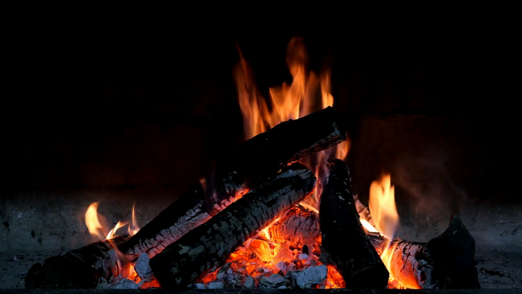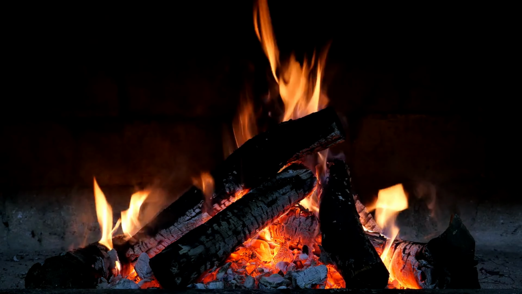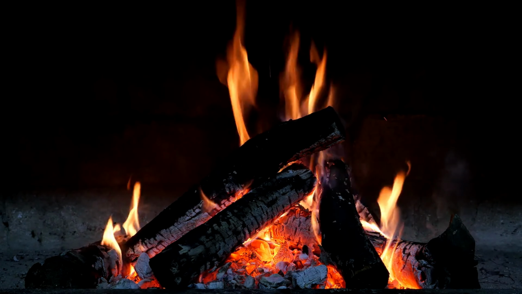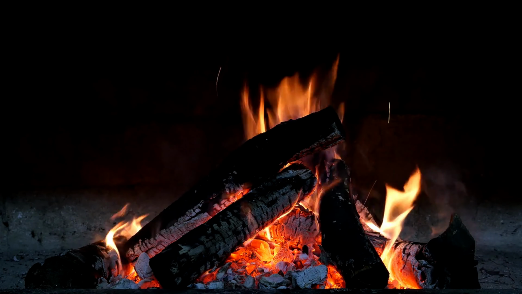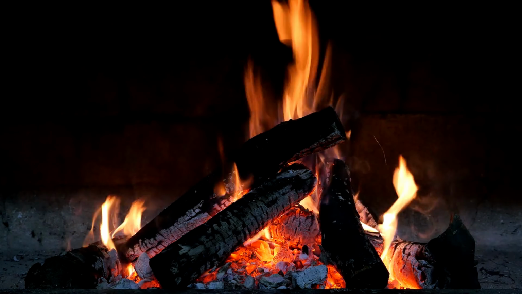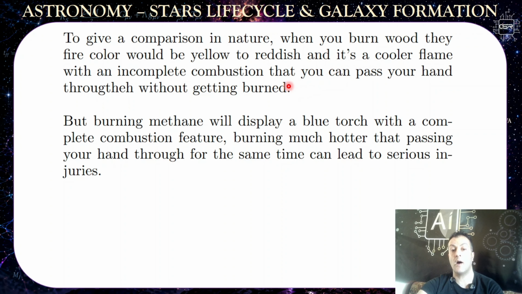To give a comparison in nature, when you burn wood, the fire color would be yellow to reddish, and it's a cooler flame with an incomplete combustion that you can pass your hands through without burning them immediately.